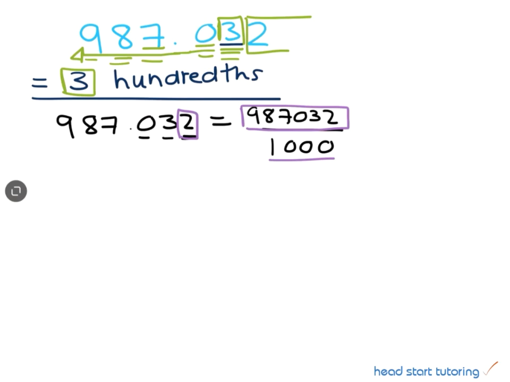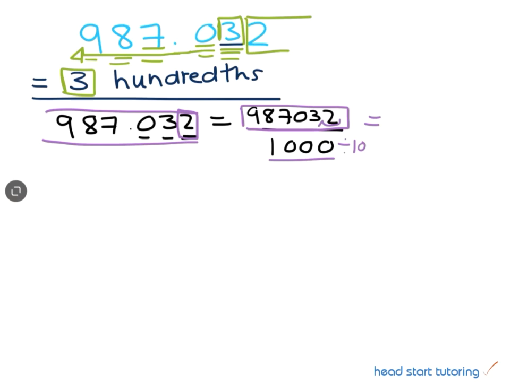So how many thousandths are there in this number? It's our thousandths column and everything before. Right, so how many hundredths are there in this number? We just need to divide our 1,000 by 10. So we bring in 1 decimal place and we get 98703 hundredths, if that makes sense.